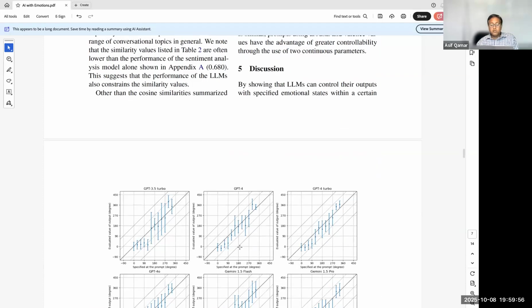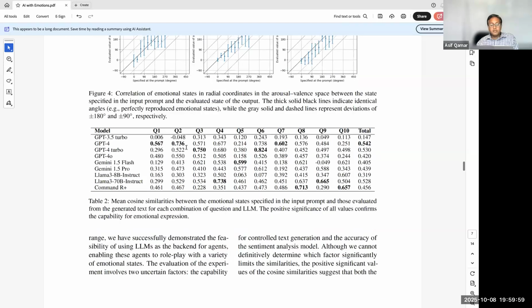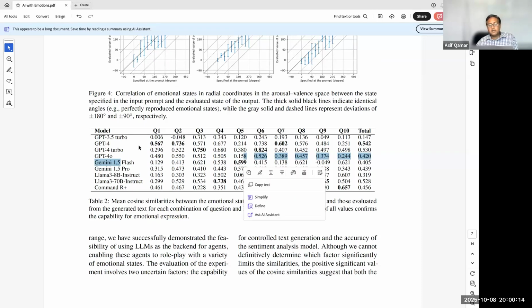Okay, so I think it keeps going on, and then finally it comes to the results. These are results for all the 10 questions. One thing you note, GPT-4o, I don't know why 4o is somewhat not doing great, right? They show theoretically that if the cosine similarity is around 0.5, it has actually achieved the best result.